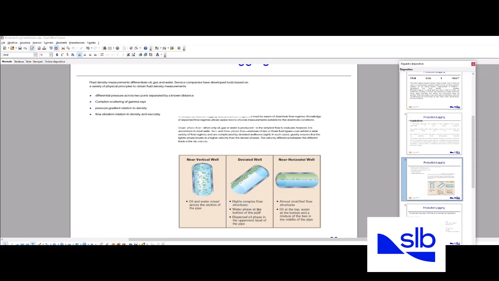In some deviated wells we can have a highly complex flow structure, with a water phase at the bottom of the pipe and dispersed oil in phase at the uppermost part of the pipe.